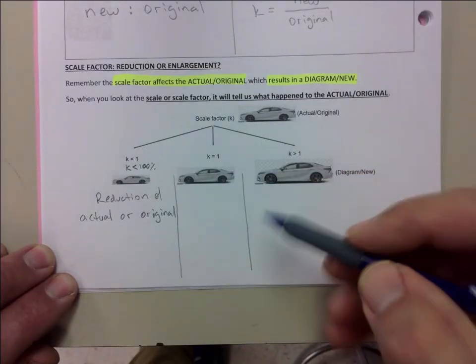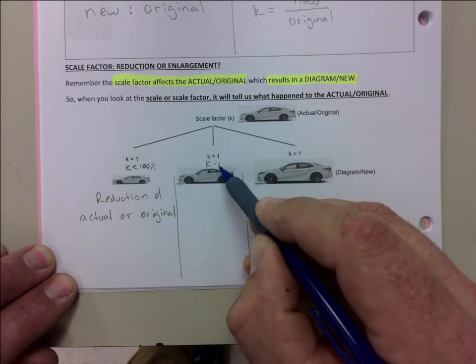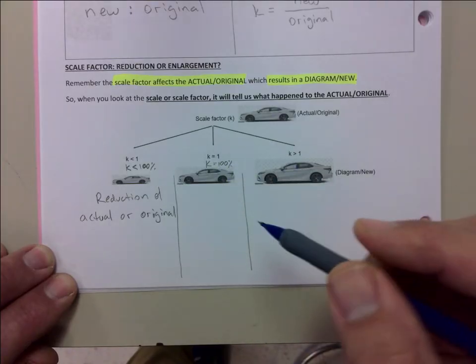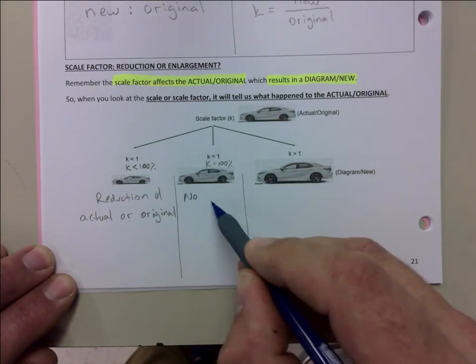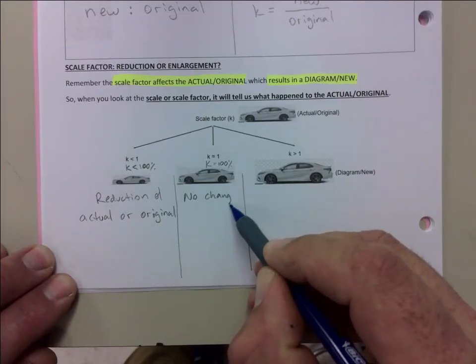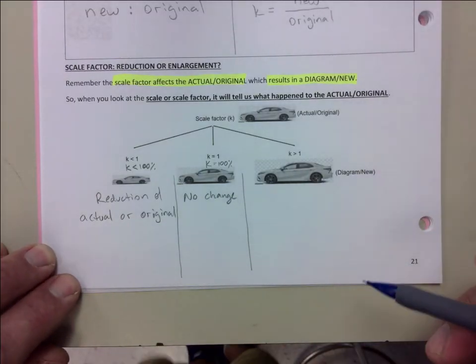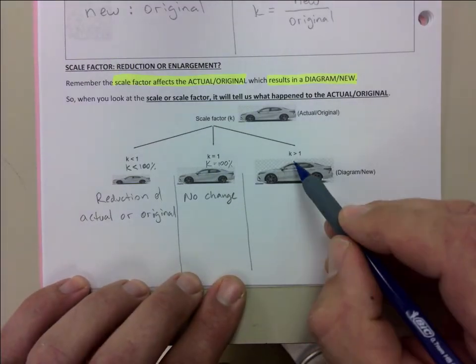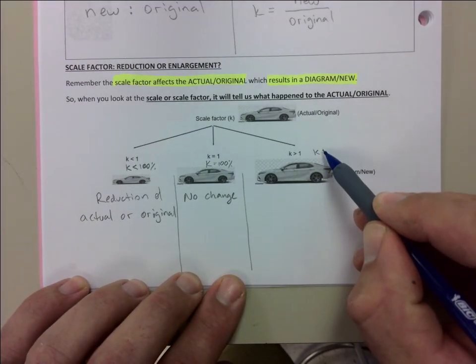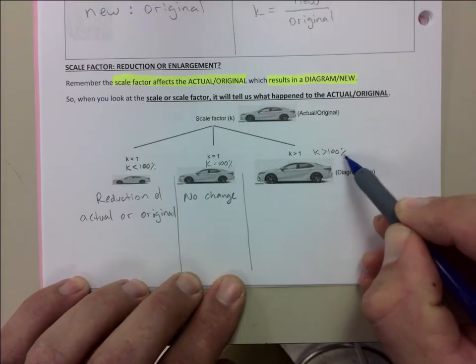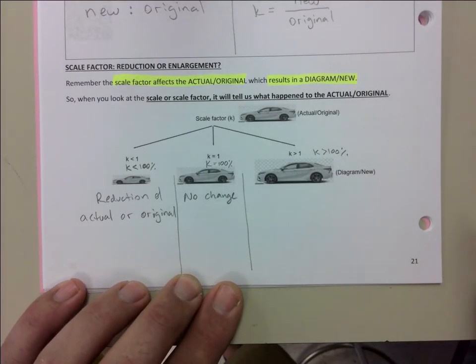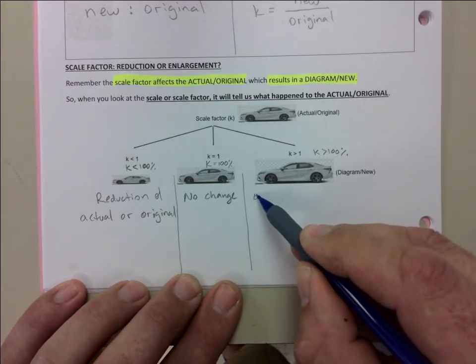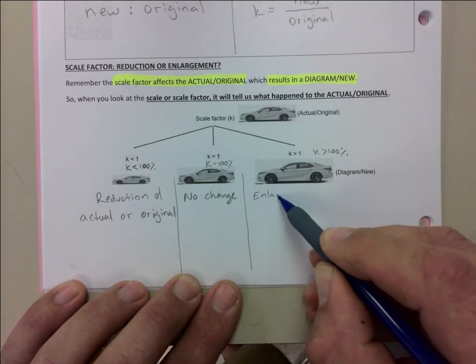Then you've got K is equal to 100%. What do you think? Did anything change? Nope. No change. It's basically the exact same object. So I'll just leave it at that. If K is greater than 1 or greater than 100%, then the original has been enlarged.